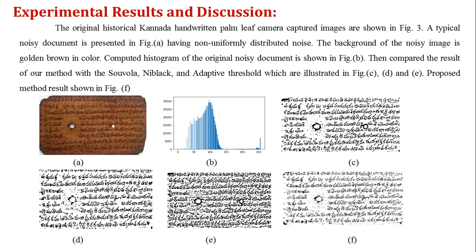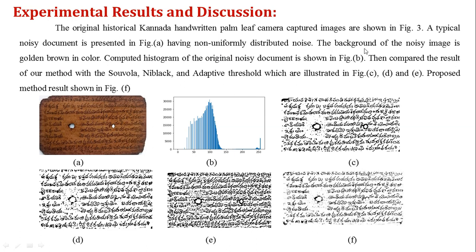Then the resultant discussions. The original historical Kannada handwritten palm leaf camera captured image is shown in figure number 3. This is the camera captured original palm leaf image. A typically noisy document is presented in figure A, having non-uniformly distributed noise.